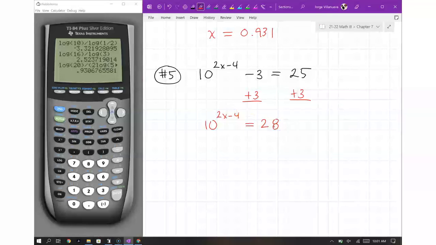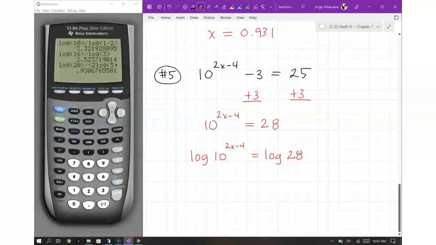Now, at this point, again, you're going to say, okay, 10 and 28, can I rewrite 28 as a base 10? Not possible, right? Because 10 to the first is 10, 10 to the second is 100. No way I can write 28 as a base 10. So, okay, let's introduce logs then. So, log of 10 to the 2x minus 4 is equal to log of 28.